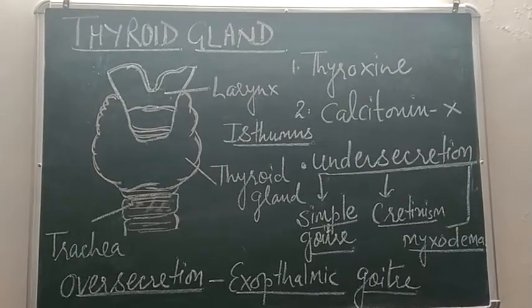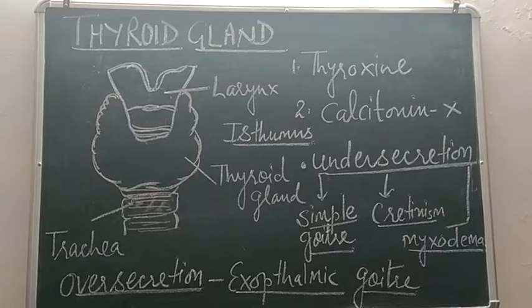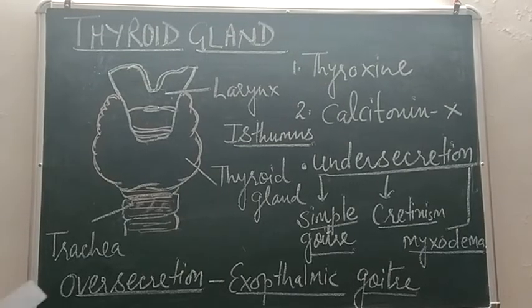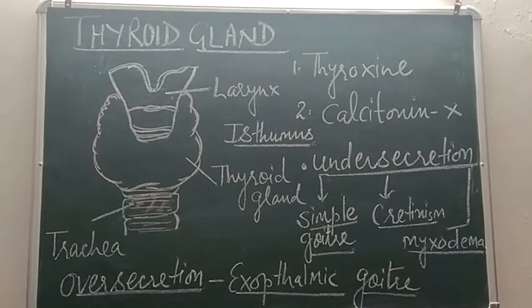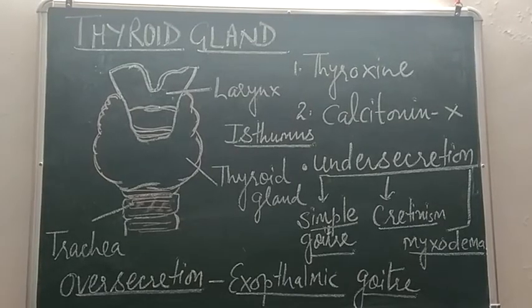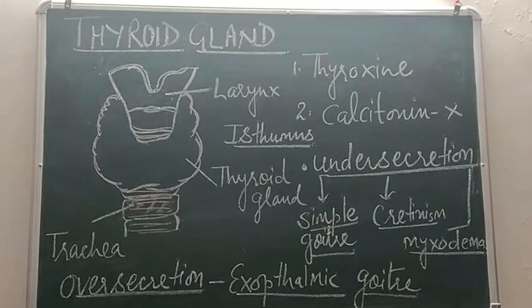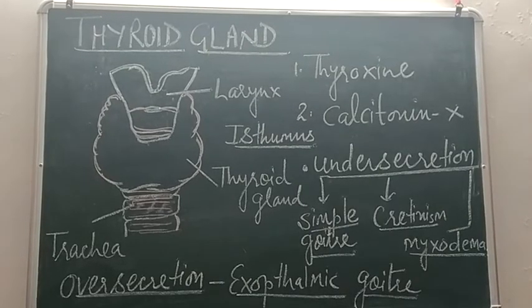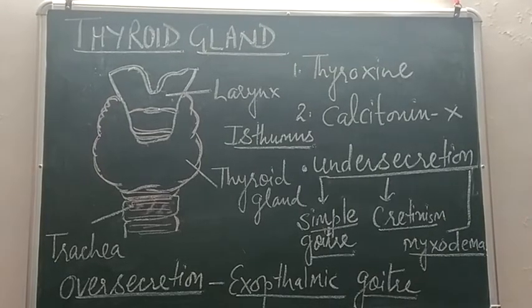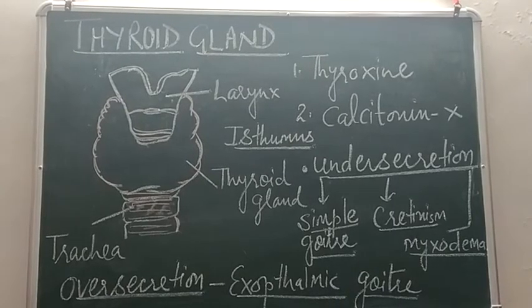A person will have an increased metabolic rate due to oversecretion of thyroxine. Secondly, the heartbeat will also be increased. Eyes are protruded. Protruded means they will be bulging out.